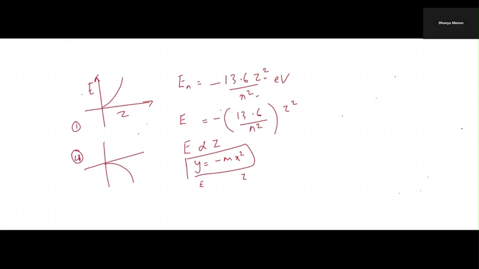Now, in this equation, the slope is negative. So definitely the answer will be the fourth one. Right.